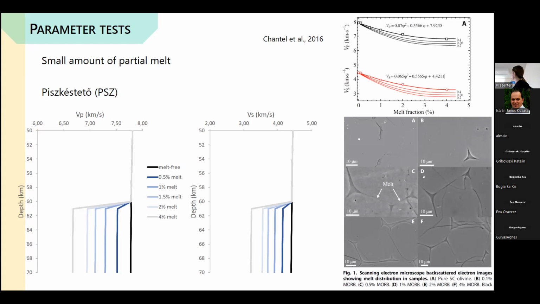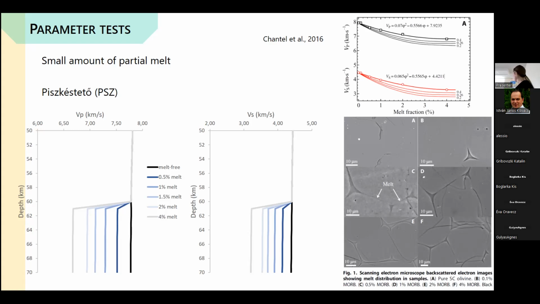They actually found that a very small amount, namely 0.1% of melt, will have no effect at all, because it means that melt is only present in the triple junctions between the grains, so they don't make up a continuous network.